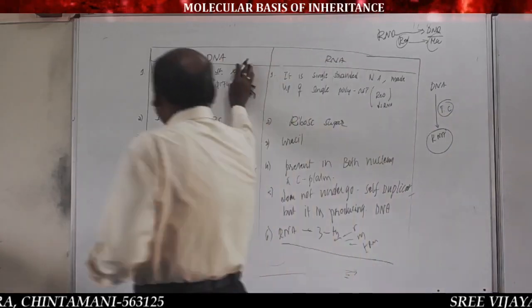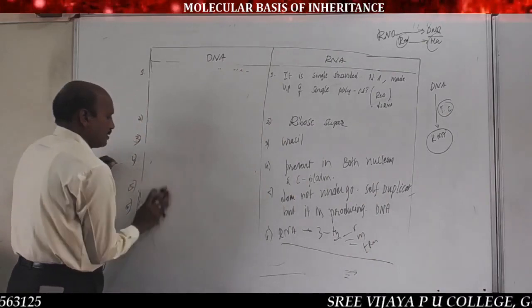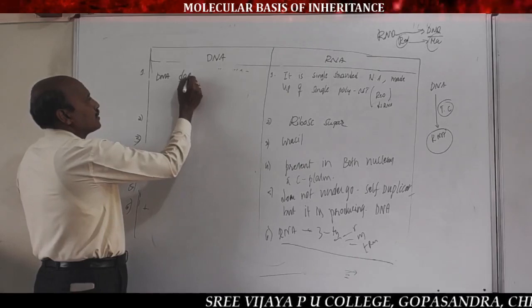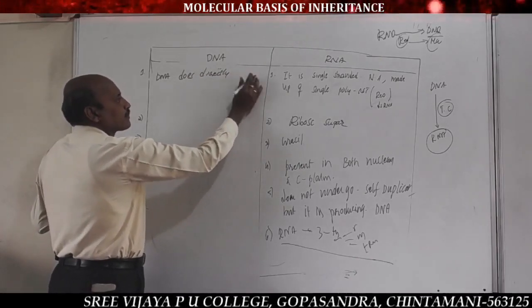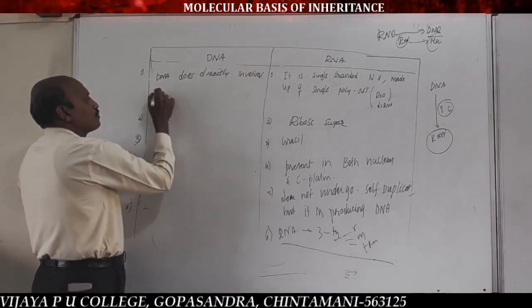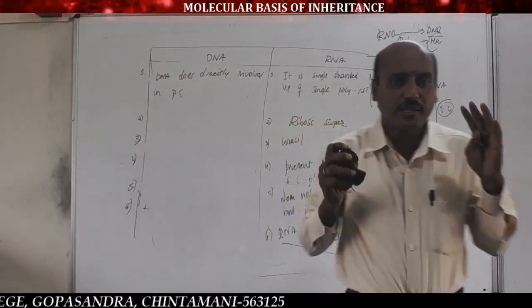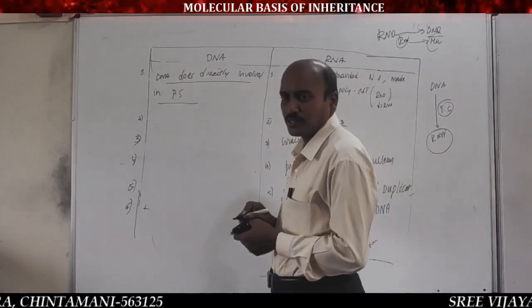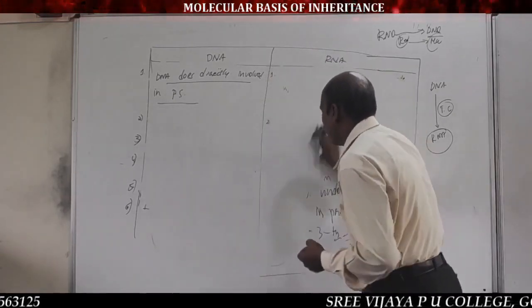And the next important difference: DNA is not directly involved in protein synthesis. Remember, DNA does not directly get involved in protein synthesis, whereas RNA directly codes the protein synthesis.